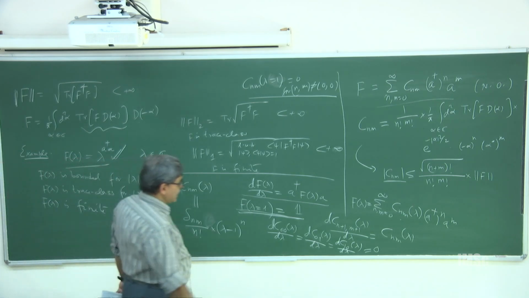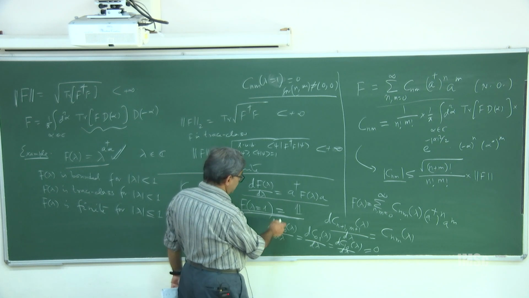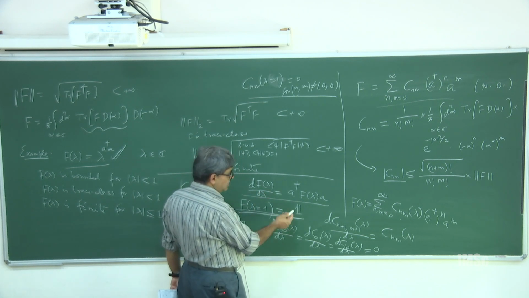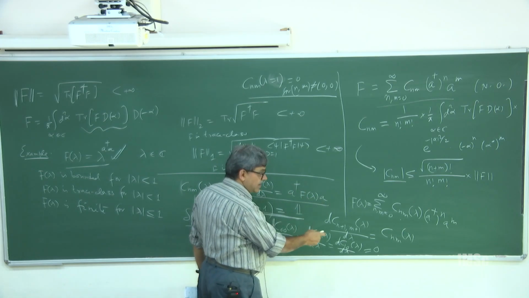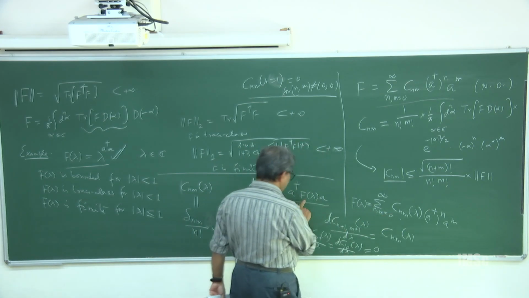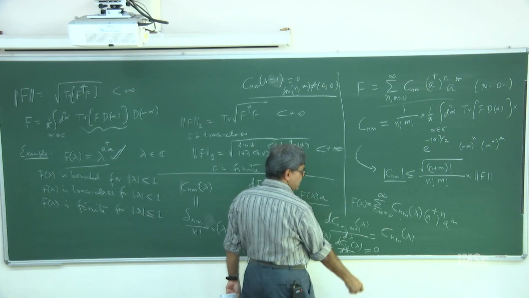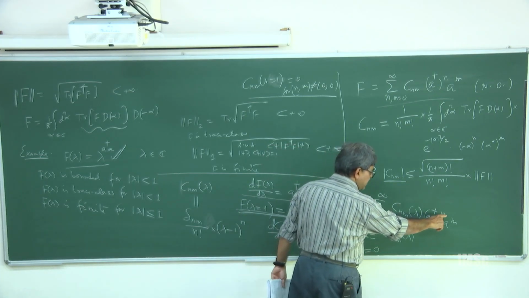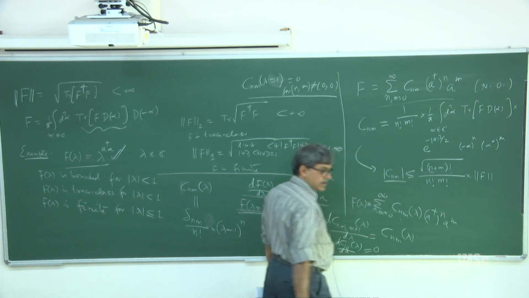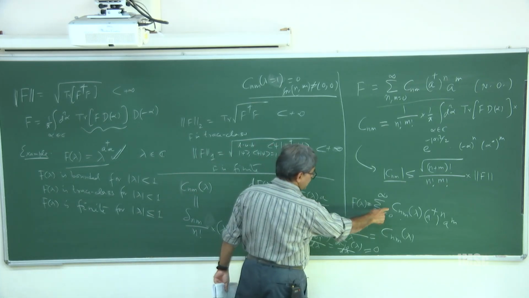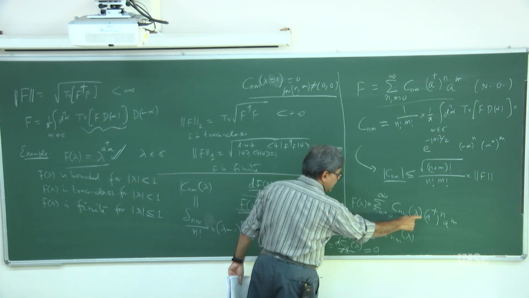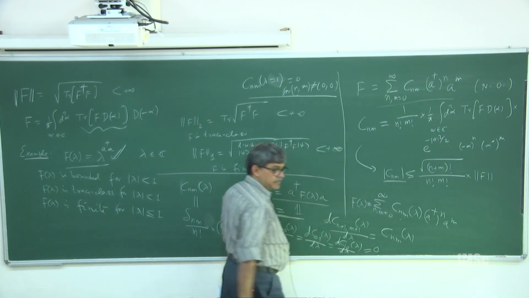Now, how do you get this thing? This is because you have a† on the left hand side and a on the right hand side. On the right hand side, if you take this series, you will have a† to the power n+1, a to the power m+1. On the left hand side you simply have dC_nm/dλ a† to the power n, a to the power m.